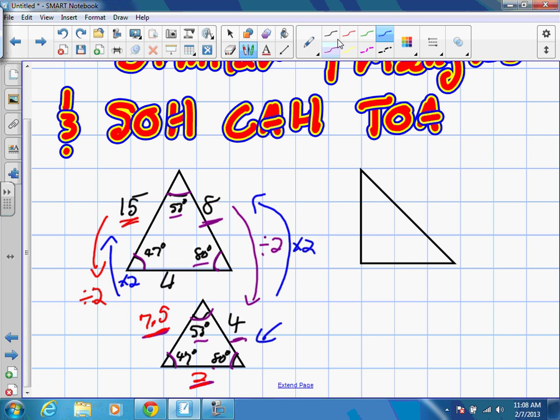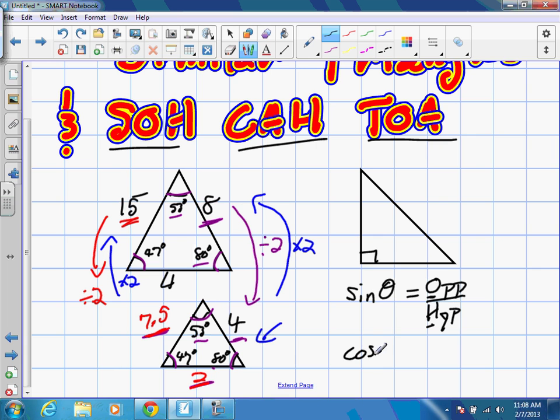Now, TOA. In order to use these primary trig ratios, you have to have what type of triangle? It has to be a right angle triangle. I'm going to write these out. Sine theta, where theta represents an angle, is equal to the opposite over the hypotenuse. That's what gives us the O and the H in SOH.